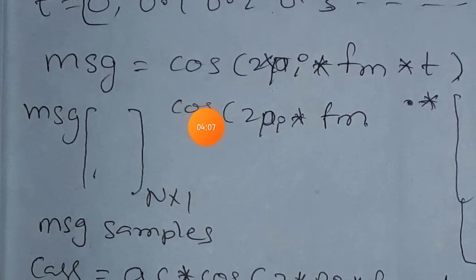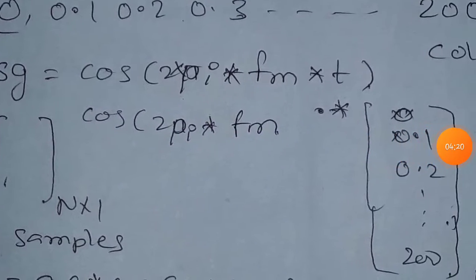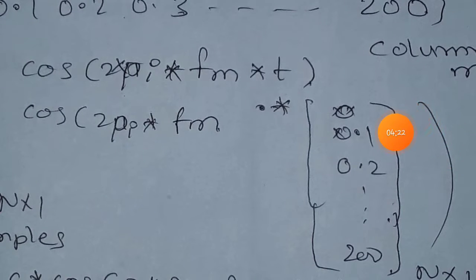And we have another expression within the program. MSG is equal to cos of 2 pi FM T. So what happened in this case? In cos of 2 pi FM T, the T column matrix is substituted.